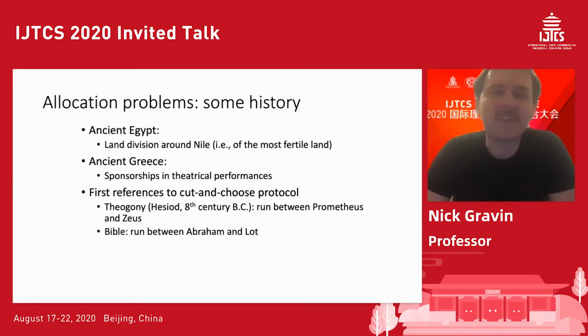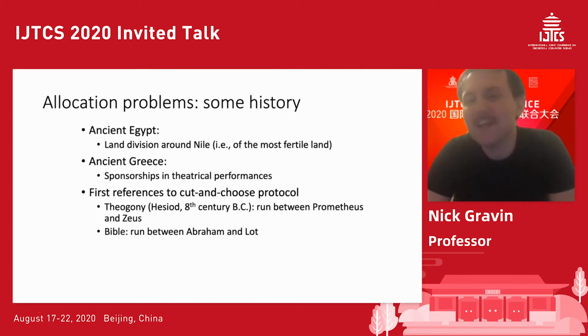Those types of allocation problems appeared very early in human history. You can trace them back as early as ancient Egypt, where people considered problems of land division around the Nile River, or in ancient Greece, where people thought about sponsorship of theatrical performance, who contributes how much for the sponsorships. And well, you probably all are familiar with the cut and choose protocol.